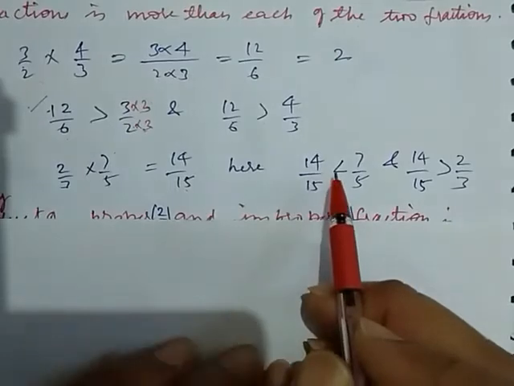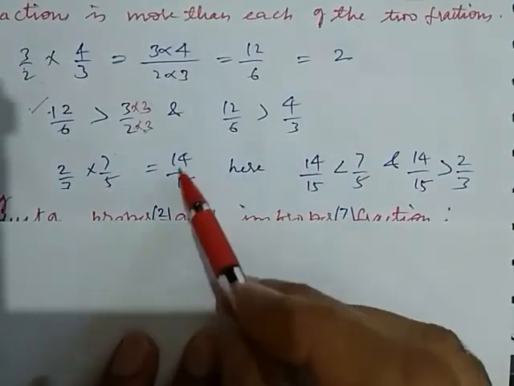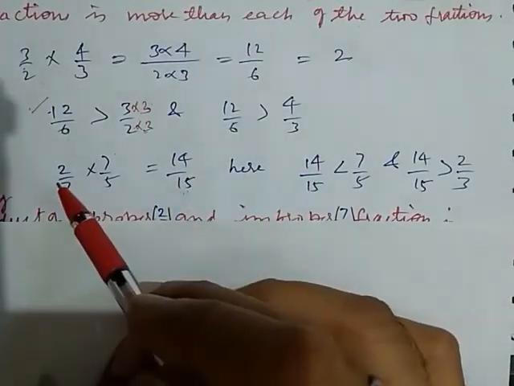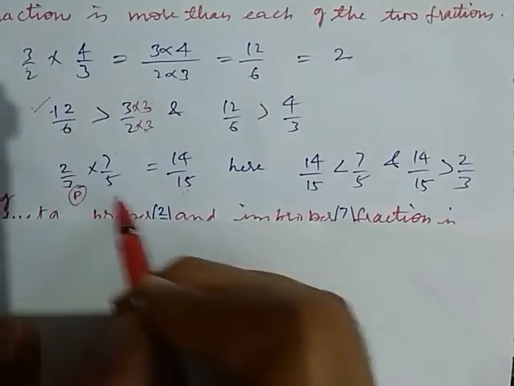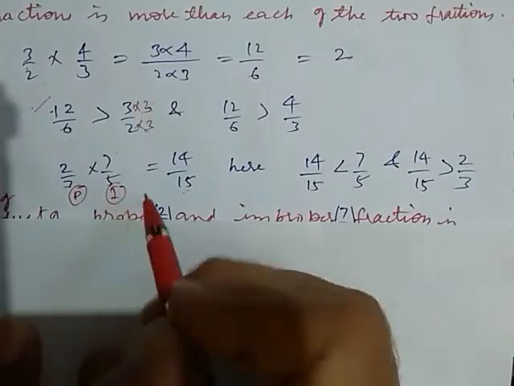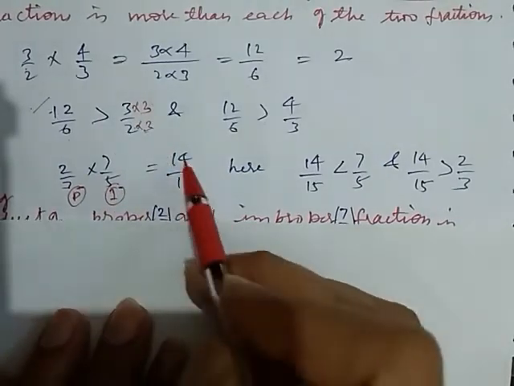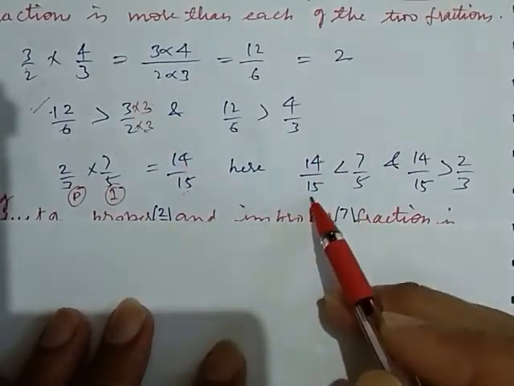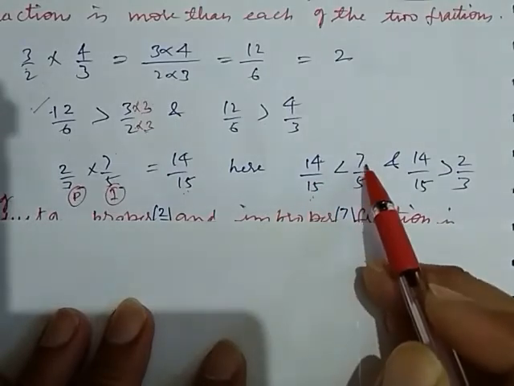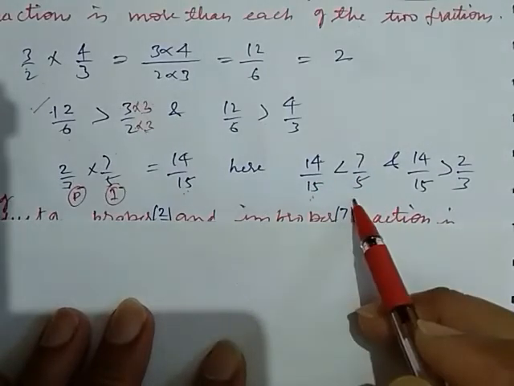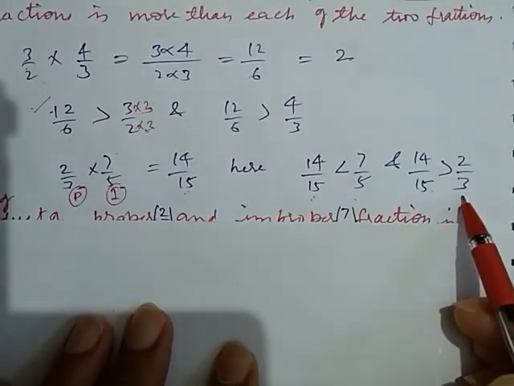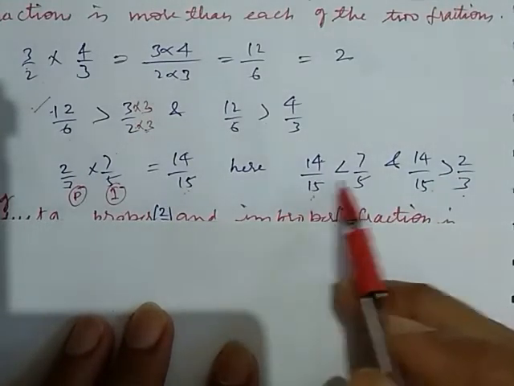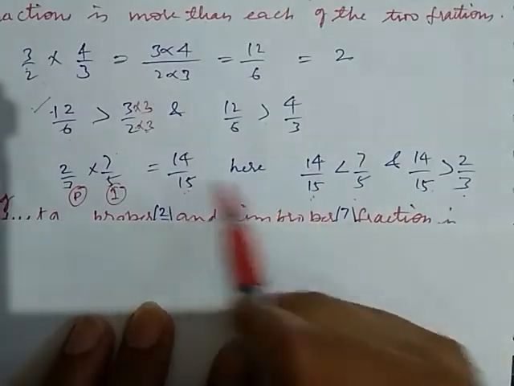Here we can see clearly 14 by 15, the product of proper and improper. This is proper, this is improper. Okay, and the product is 14 by 15, which is smaller than the improper fraction but greater than the proper fraction. Okay, this is another result we found here.